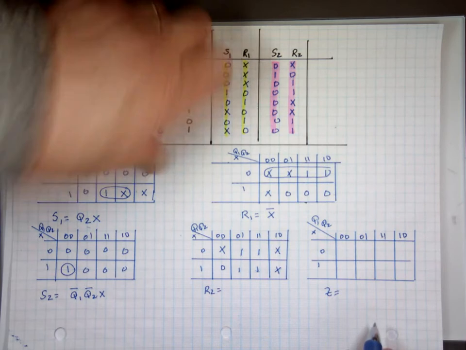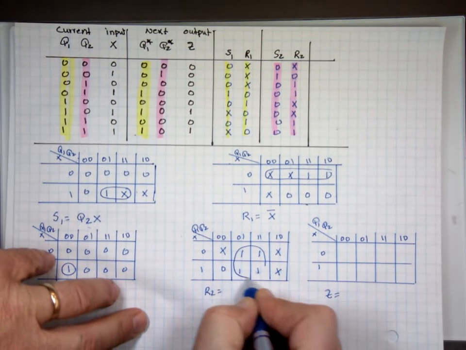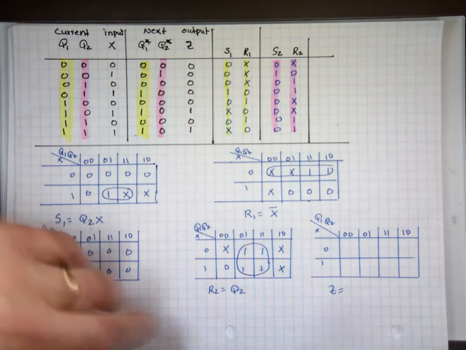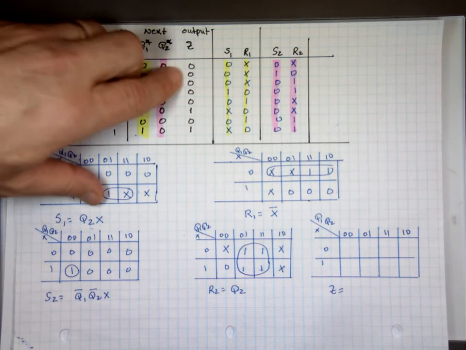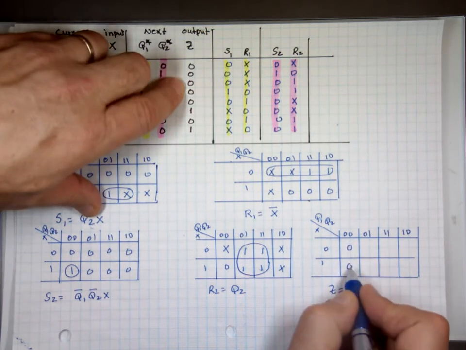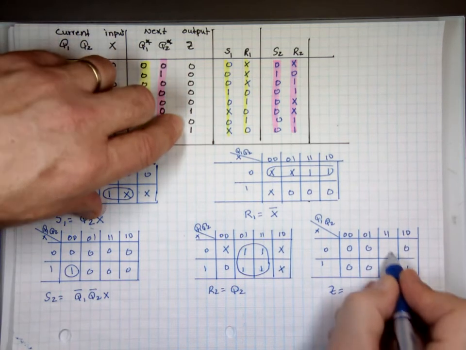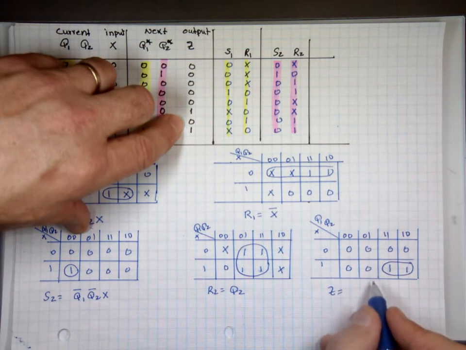How about these four? Q2. And now let's go to Z: 0, 0, 0, 0, 0, 1, 0, 1. Q1, X.